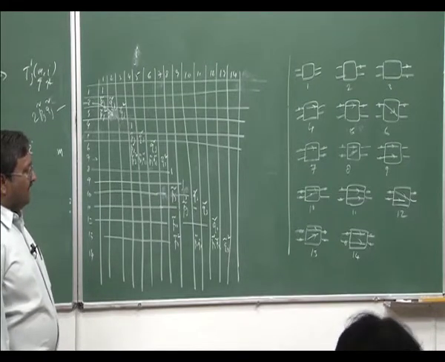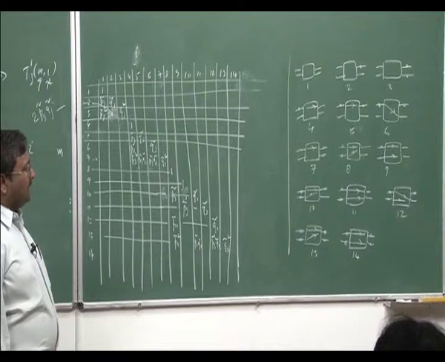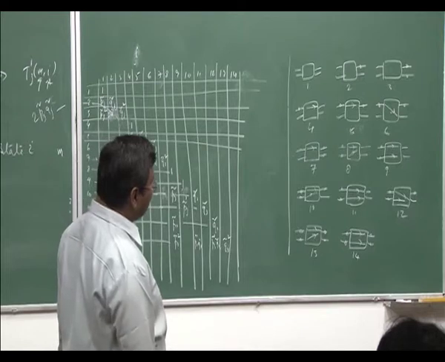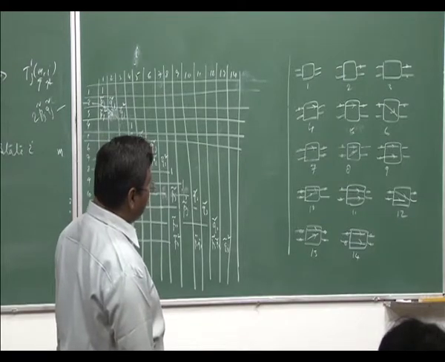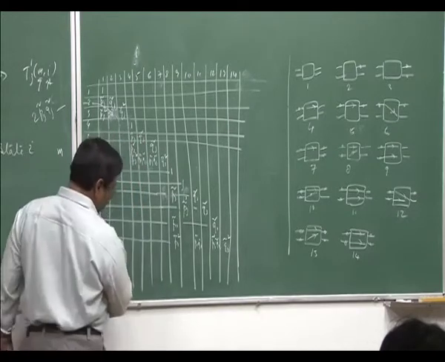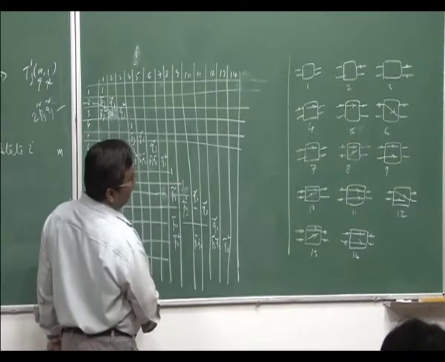14. 14 can go to 9. 11 with 2 Pj Qj, or it can happen twice to 11. Right. 14 can go to 9.